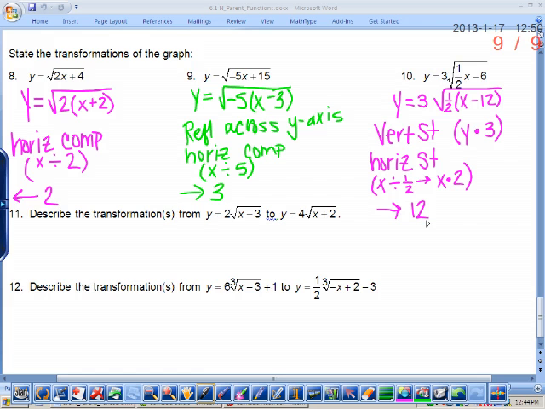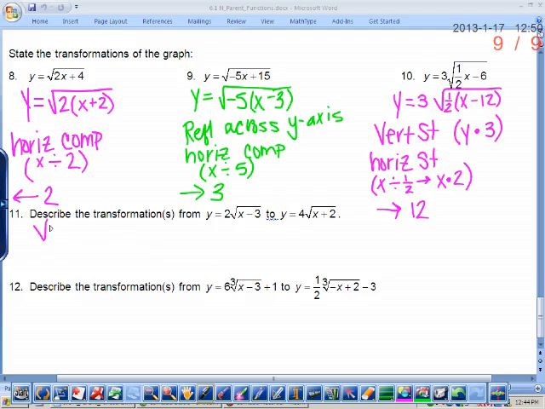All right, let's look at number 11. We want to describe how we go from this function to the second function. So let's look at what we've got. To go from a vertical stretch of 2 to a vertical stretch of 4, what did you have to apply? Another vertical stretch of 2.